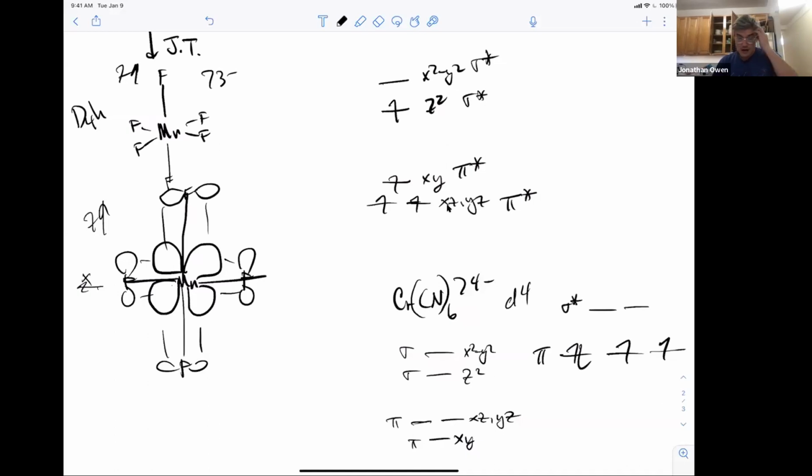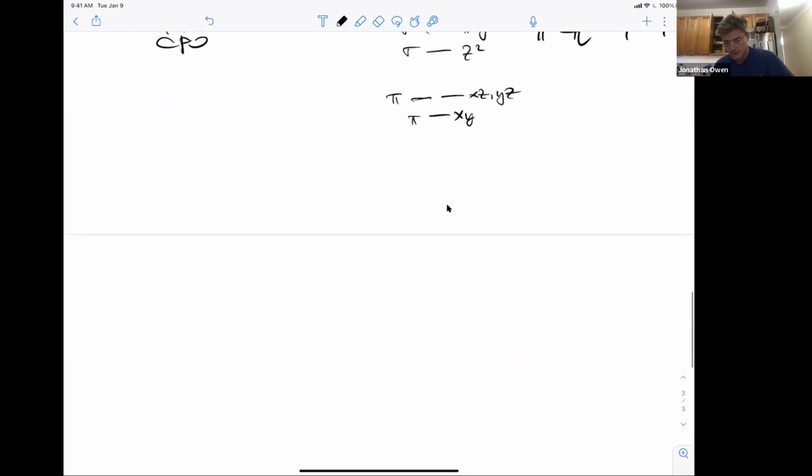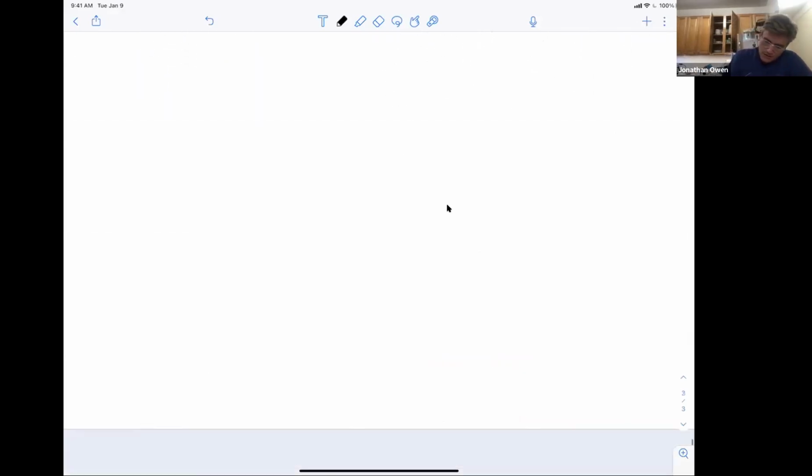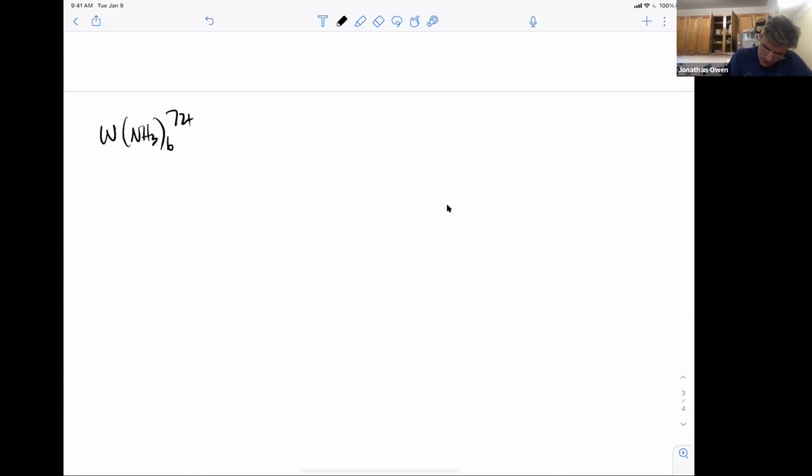All right, so now, this is a weak Jahn-Teller reaction though, right? This is weak. Yeah, because, let's do them all side by side. One quick second, okay? So we've got tungsten hexamine 2+, which looks like this. We've got manganese hexafluoride 3-, which looks like this.